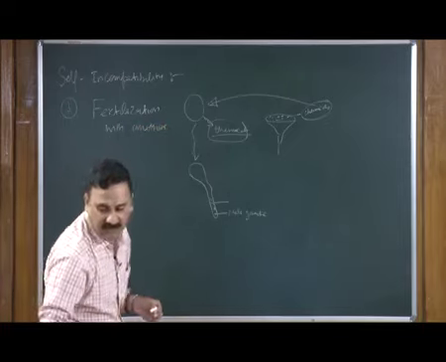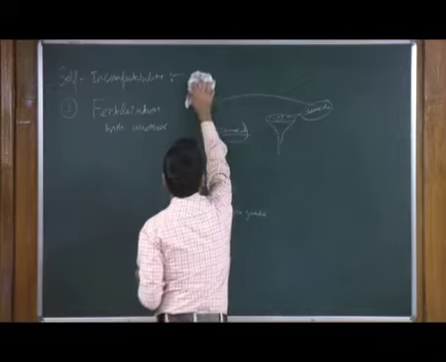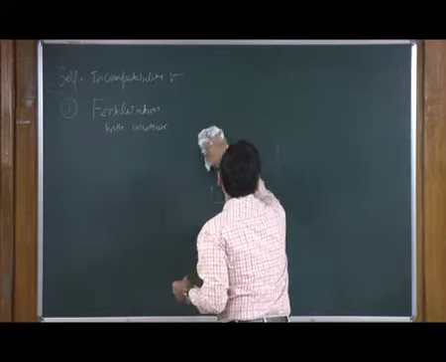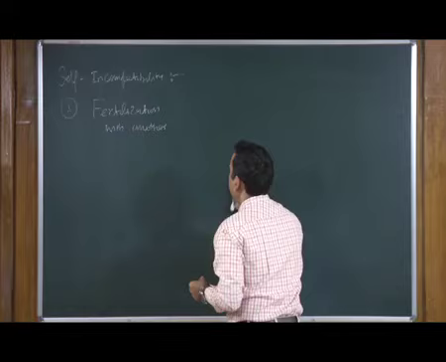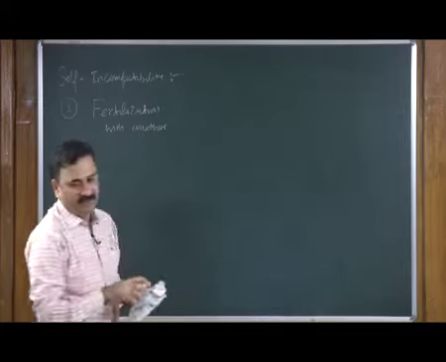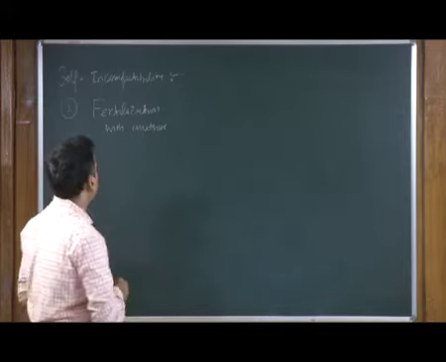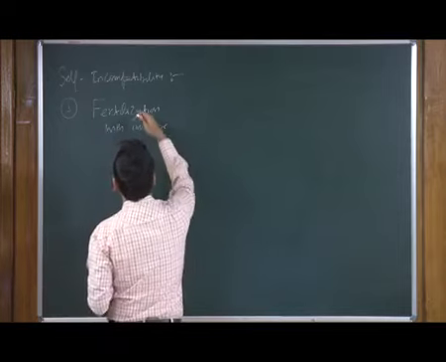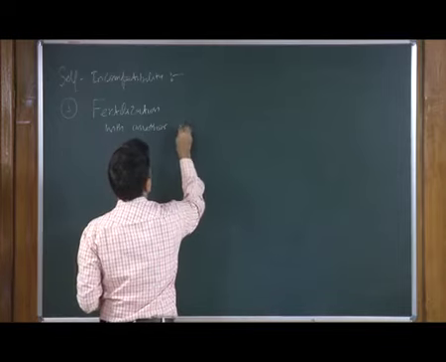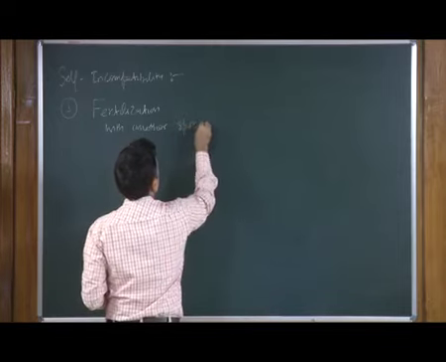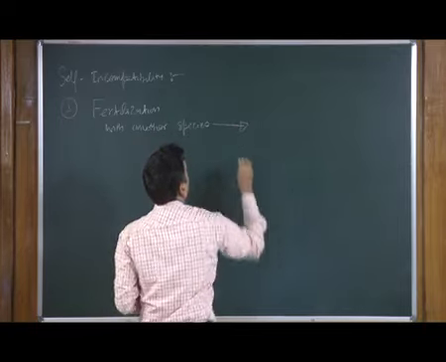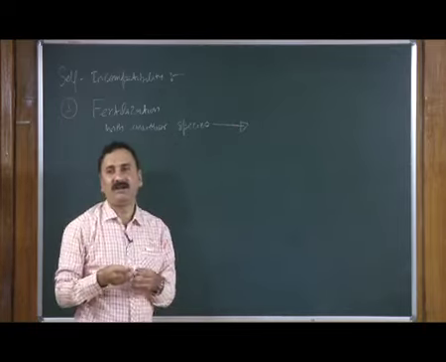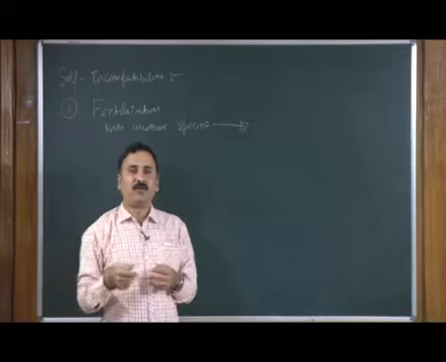Self incompatibility could occur within the species as well as with another species, but the mechanism is involved to avoid fertilization with another species, because every plant species has a different number of chromosomes.